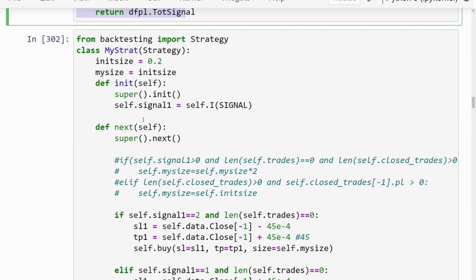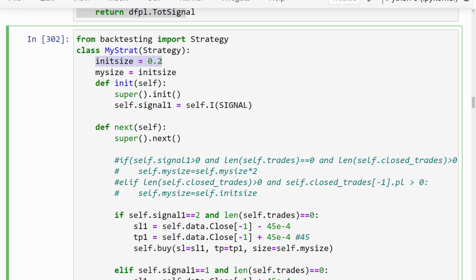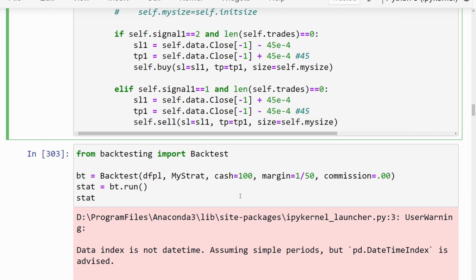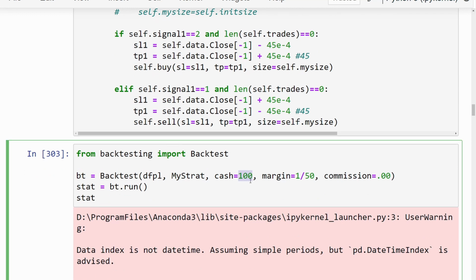So I'll just jump to tell you that the initial size of the positions is going to be around 20%. So this is high risk, but in scalping, if you are putting roughly $100 cash, it's not much. I wanted to test if this strategy is able to make you rich quite fast without too much risk.